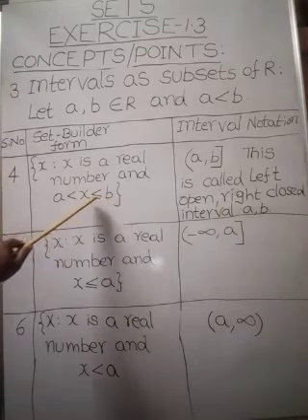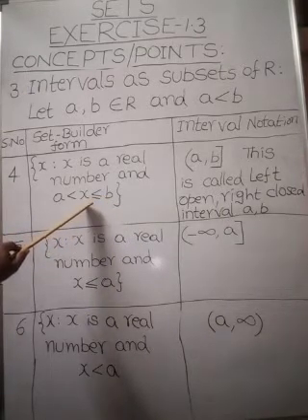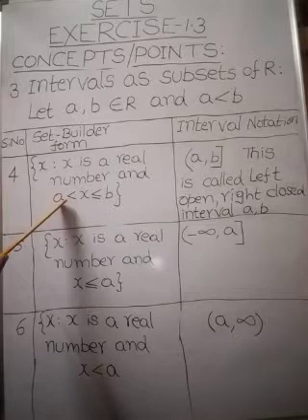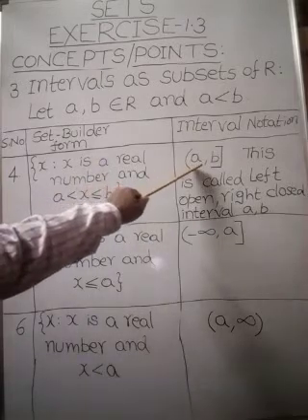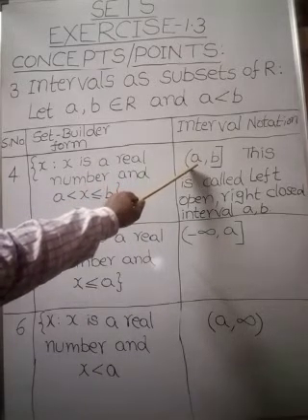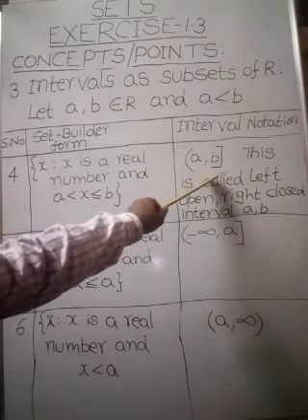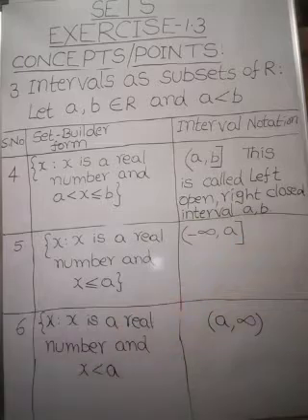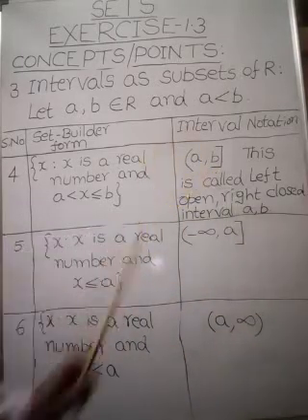We denote this interval like this: left open a, right closed b, (a, b]. This is called left open right closed interval a comma b. This is also a subset of real numbers.